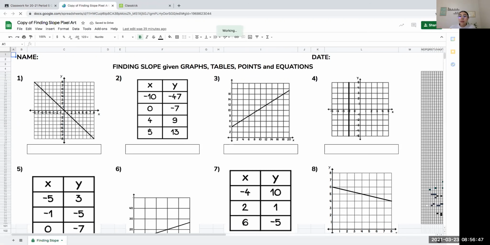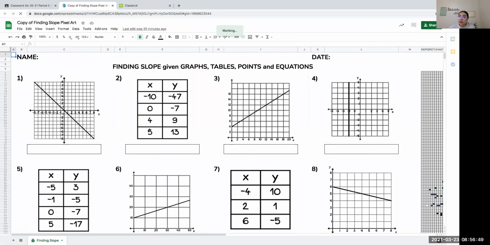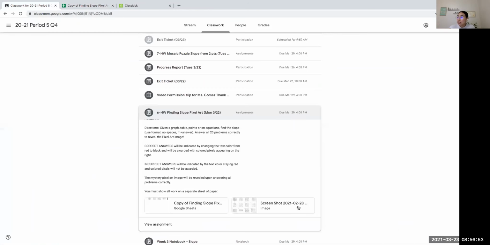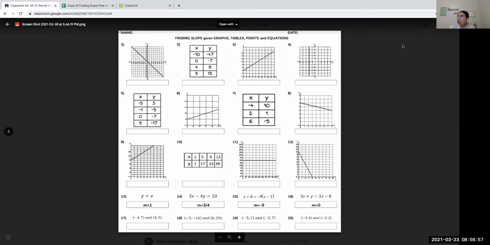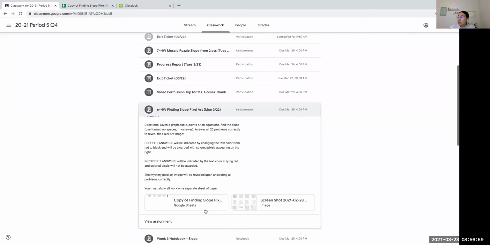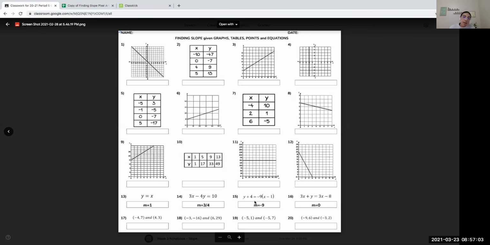Now, if some of you have a hard time with Google Sheets or just typing in here, you have the option of printing this paper, the screenshot, out. Let me go back to it. See, there's the copy and there's the screenshot. You can print this PDF out and work on it on paper.